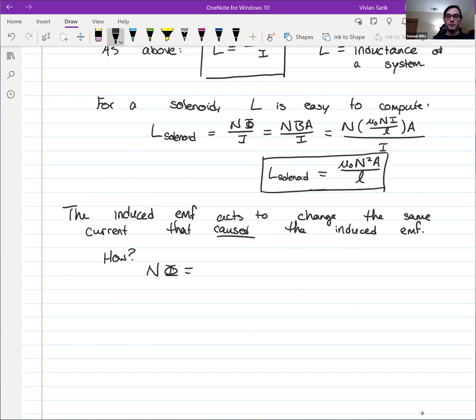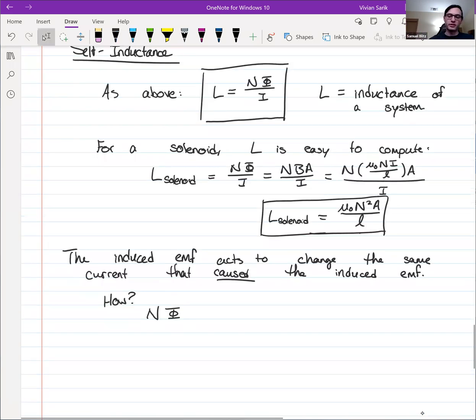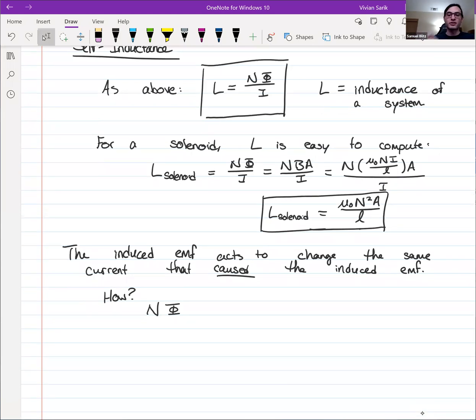What I'm writing is just a definition of inductance. This is saying that N times the flux through the solenoid is equal to L times the current flowing through that solenoid. That's an I, not a phi.